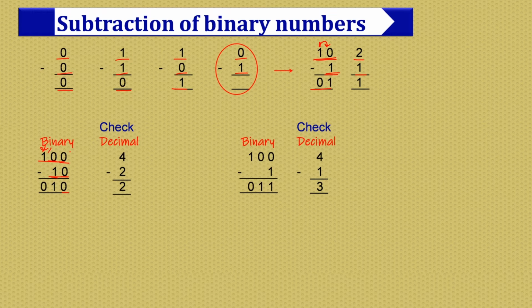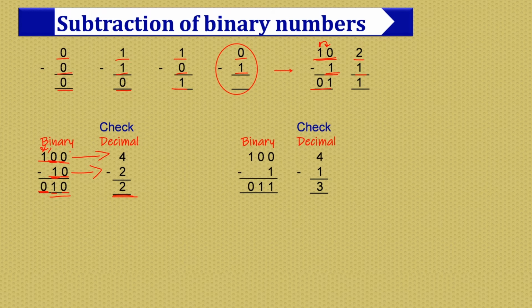And when we add it here, it becomes 1, 0. 1, 0 minus 1, and then we bring down 0 because we have nothing left in this column. Now, if we translate 1, 0, 0 in binary, you will have 4 in decimal, and 1, 0 in binary would give you 2 in decimal. Now, 4 minus 2 gives us 2, and the equivalent of 2 in decimal is 1, 0 in binary.